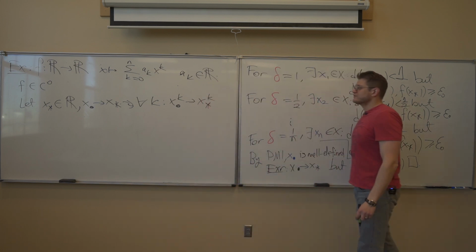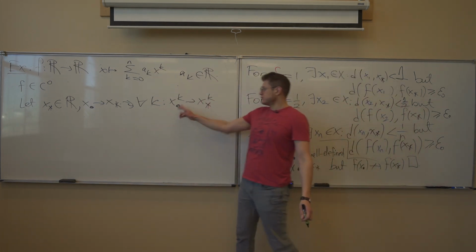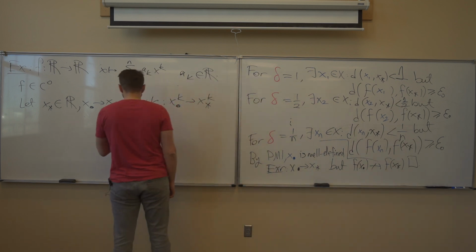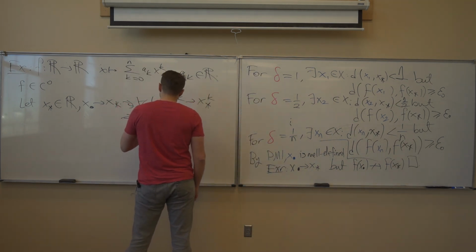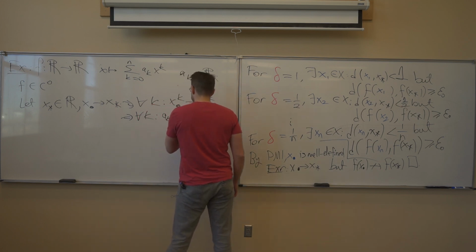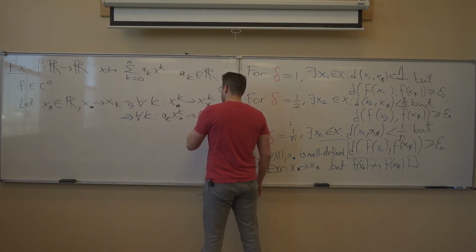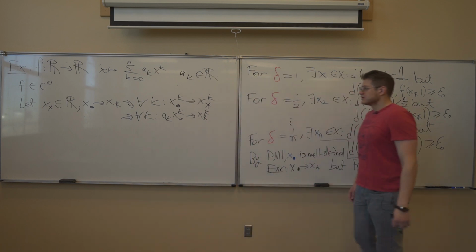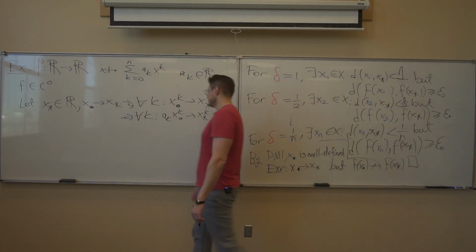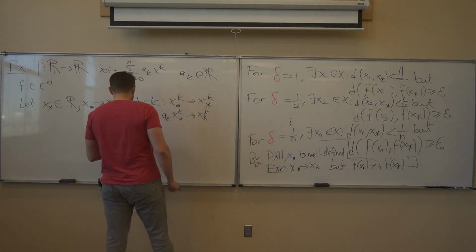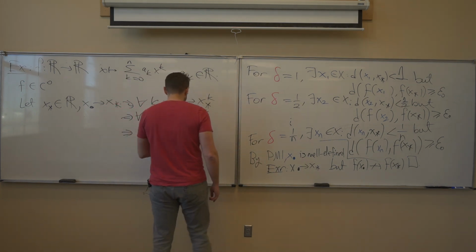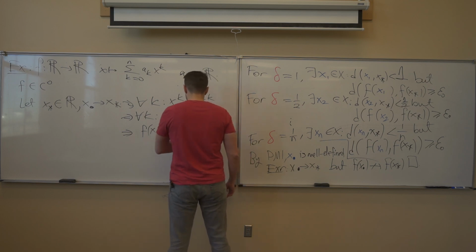But then for any constant multiple of a convergent sequence, that multiple is also convergent. a sub k, x to the k bullet converges to x star to the k. But then sums of convergent sequences is convergent. So if I were to add these up, I would get that f of x star converges to f of x star.